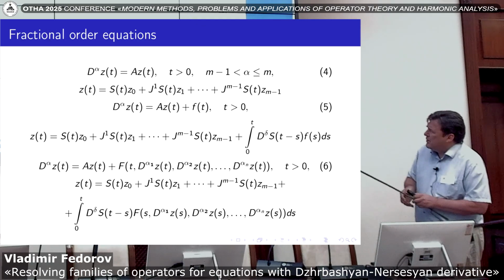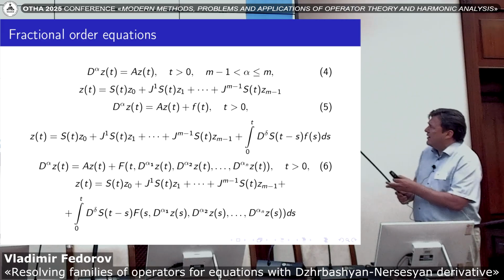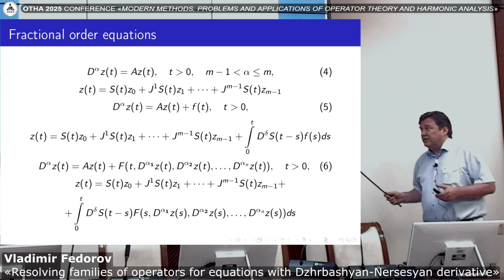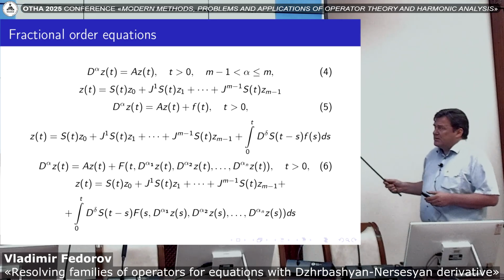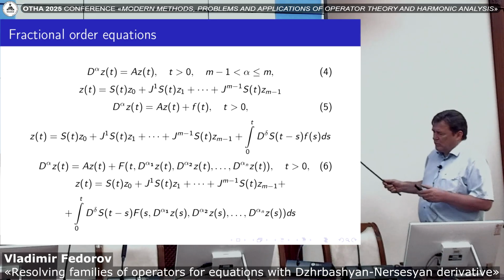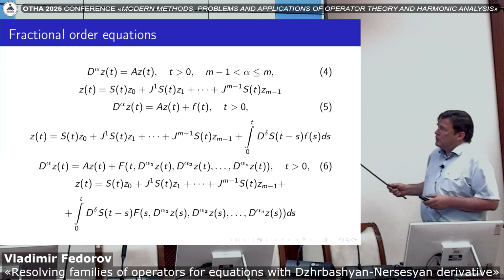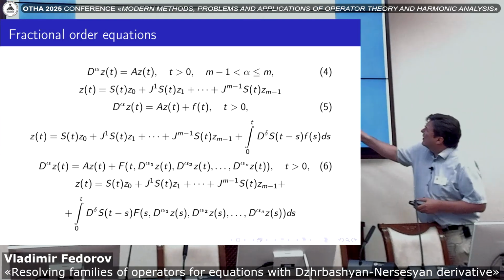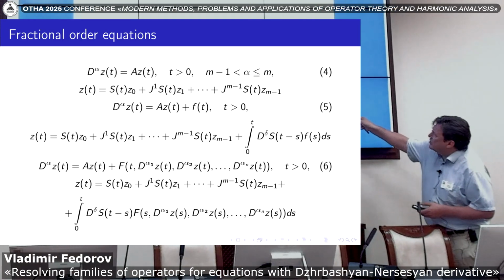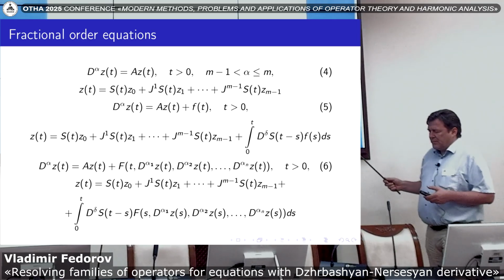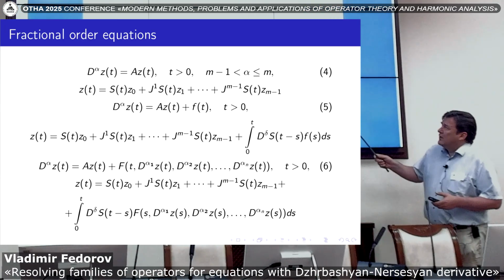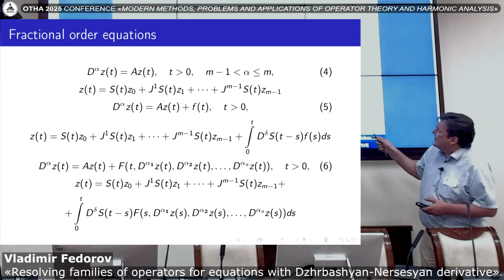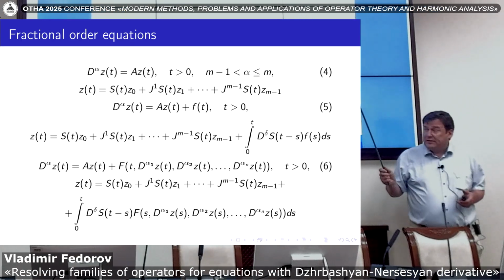And the same we have for equations with fractional derivative. Let it be the Gerasimov-Caputo fractional derivative, and it will be the usual Cauchy problem, but with m initial conditions, and the solution of the Cauchy problem will have this form where S_t are resolving operators.